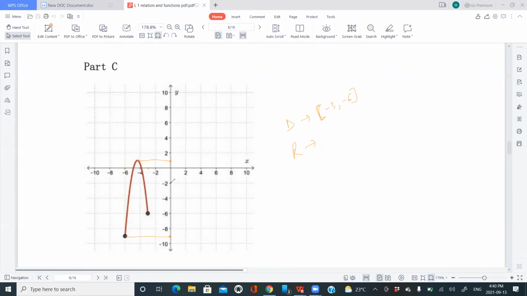So that means from -9 to 1. This is my range. So for domain, I will see the x-axis, the starting and ending of the function, and for range, I will see the y-axis, the starting and ending of the function.